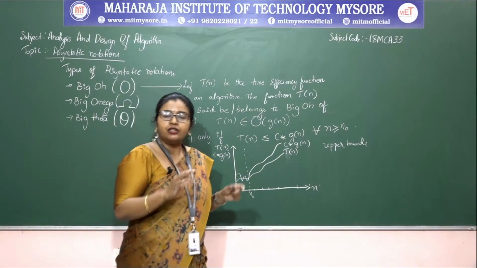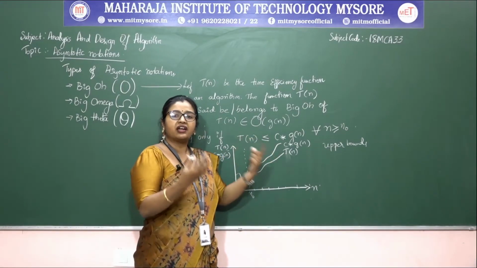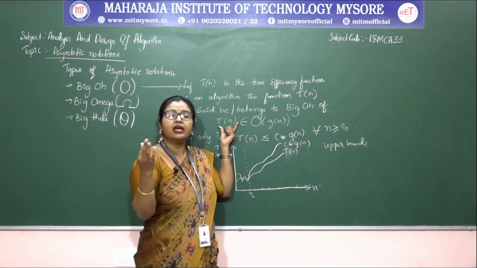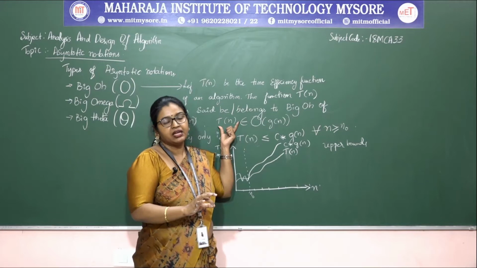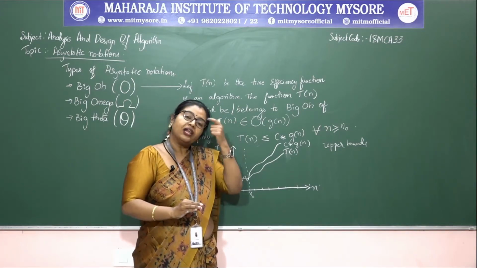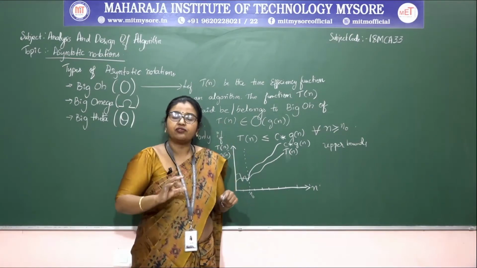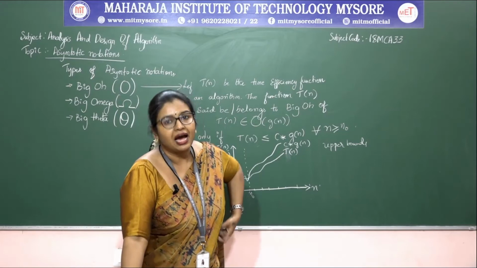So what is that c into g of n? That is nothing but the converted or transformed equation of the equation you obtained while analyzing the algorithm, that is, your time efficiency function. But while representing the time efficiency of the function, we need to represent it in the order of growth of the algorithm.